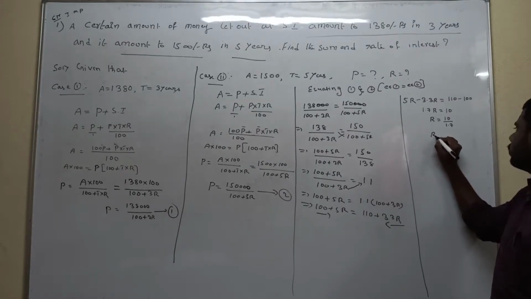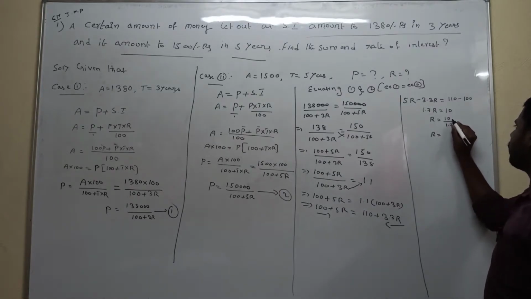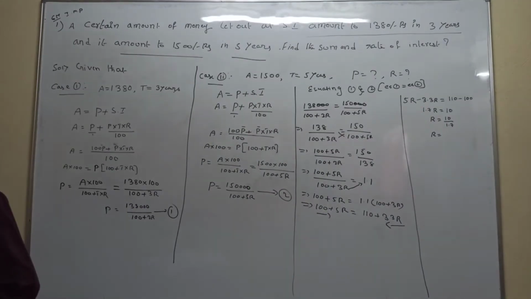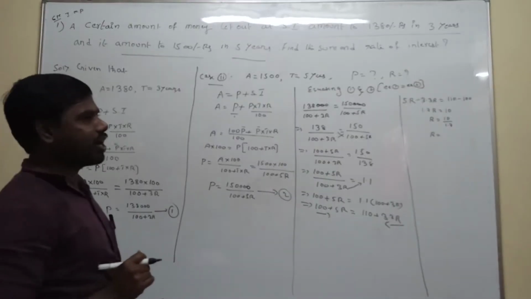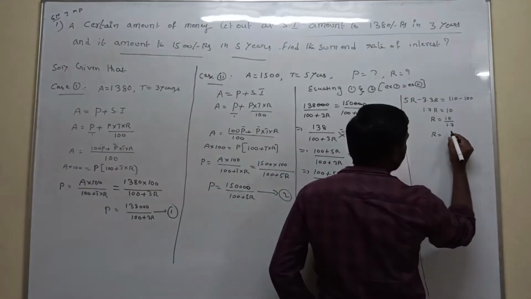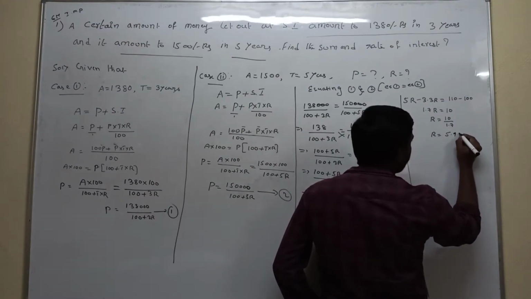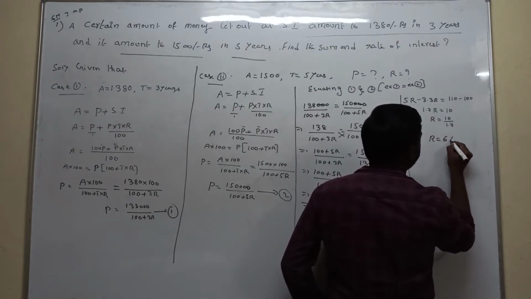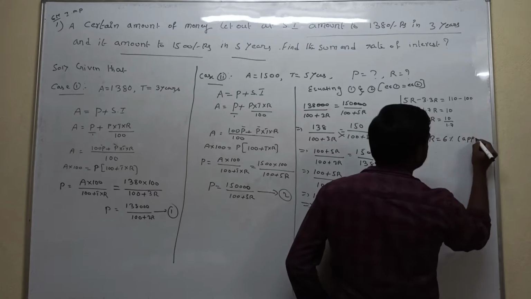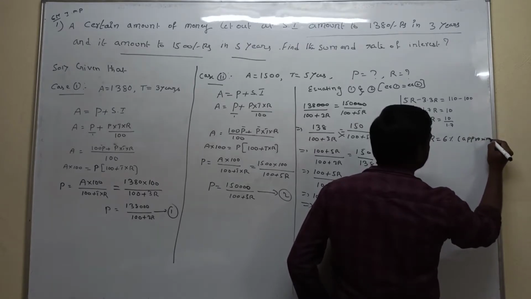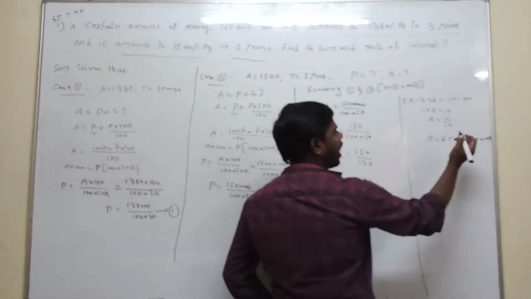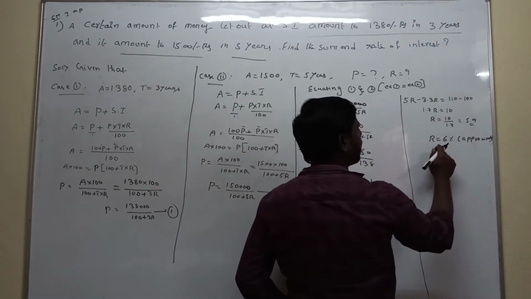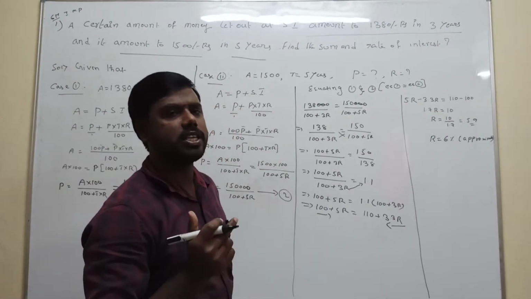What is the value we are getting? 10 divided by 1.7 is 5.986 something, which we take approximately as 6%. So capital R is approximately 6%.